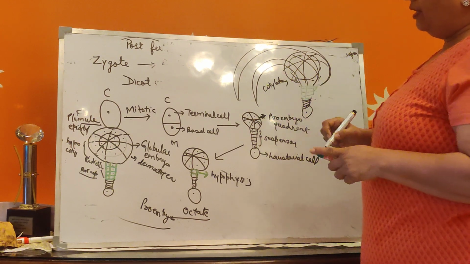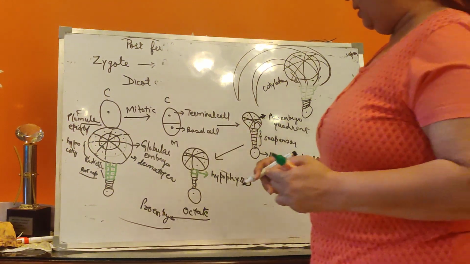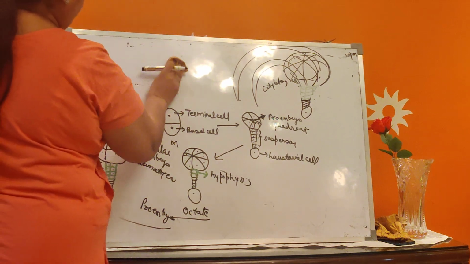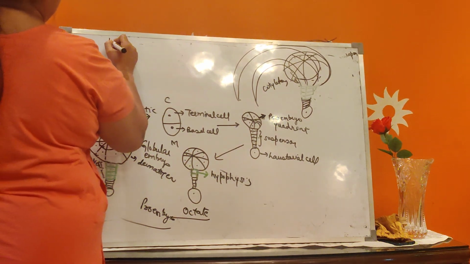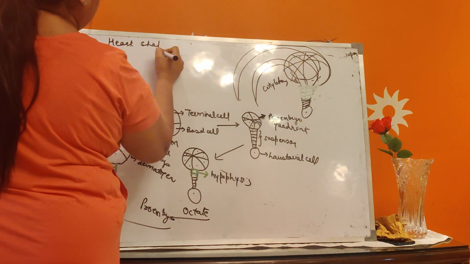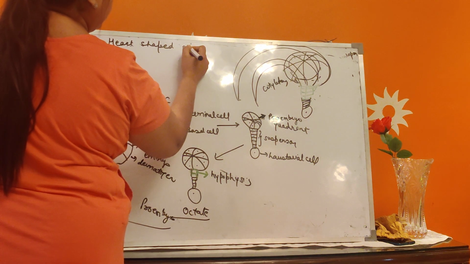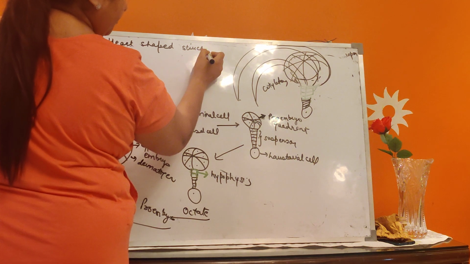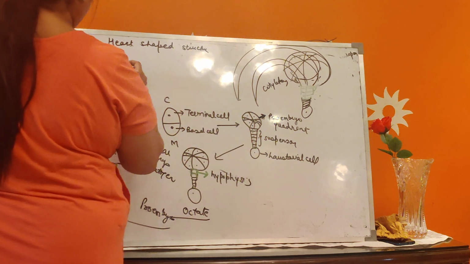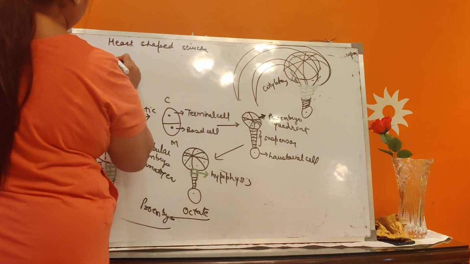Now when this type of structure takes place, then cotyledons take place. Before that there is a heart shaped structure. In the heart shaped structure, the rest of the things, suspensor and hostorium, are gone. What is there?